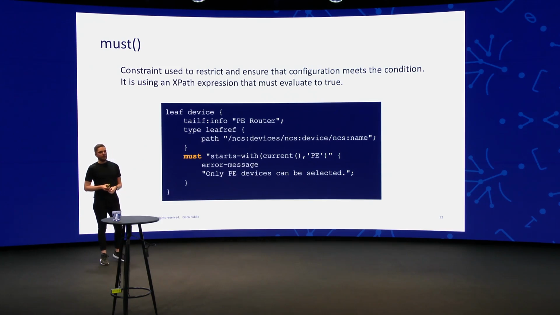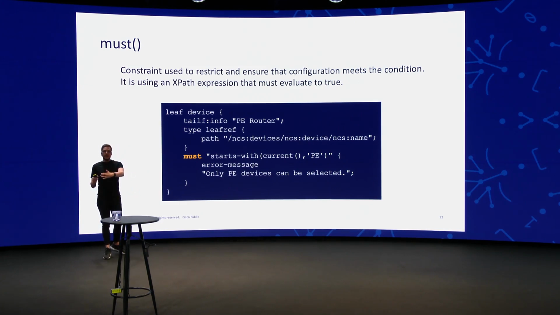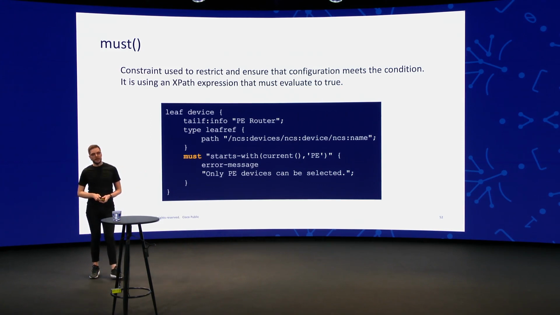If you have some prefix in your names, you can, for example, remove all of the other devices and put the constraint that only PE devices can be selected by the operator. Then in the CLI, the person configuring this service will see, if there is something other than PE at the start, the message that only PE devices can be selected.